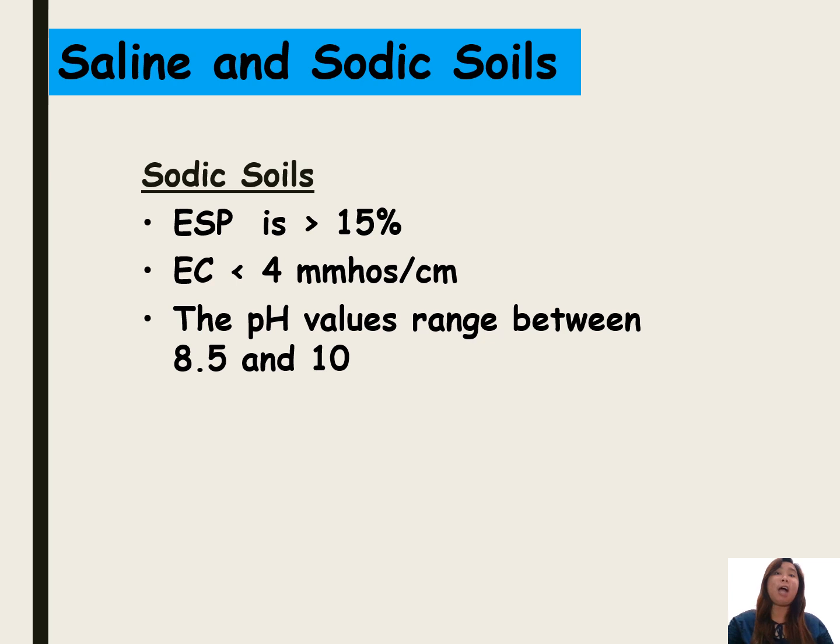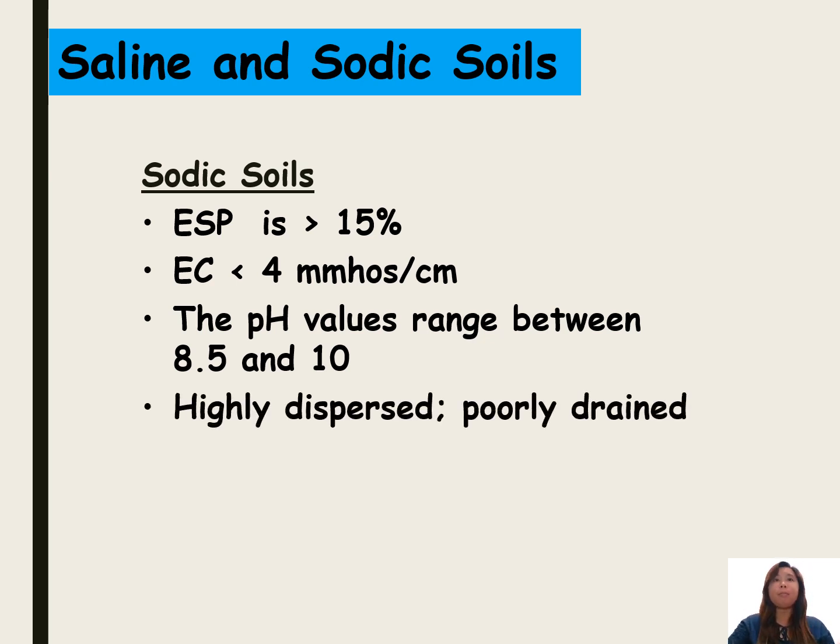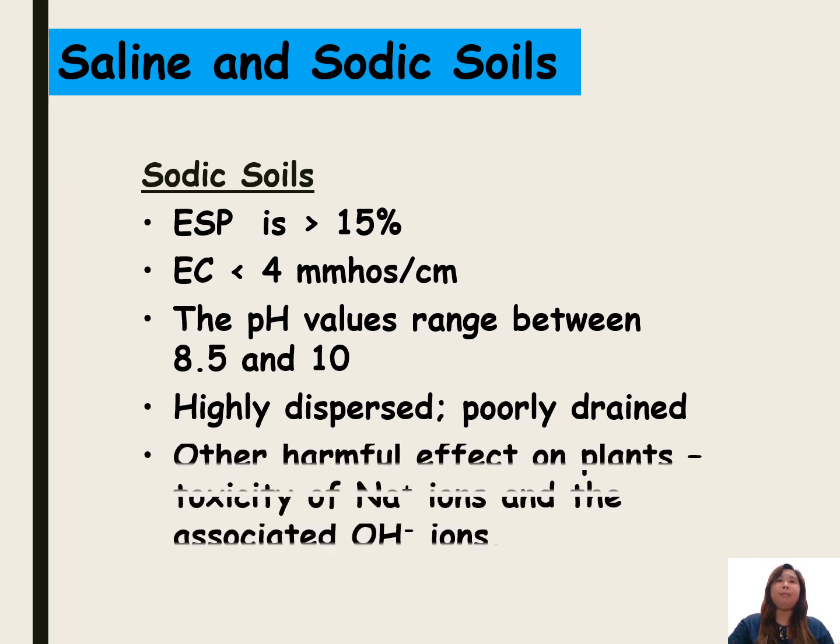So it has a higher pH compared to saline soils. It is highly dispersed and poorly drained. It can have harmful effects on plants because of sodium ion toxicity and those that are associated with the hydroxyl ions.